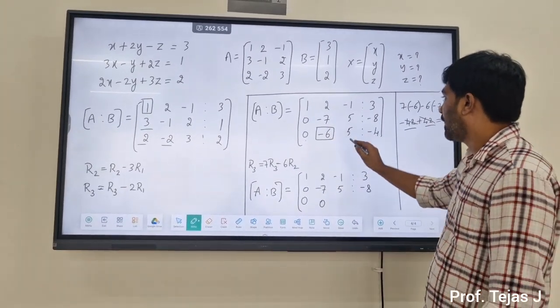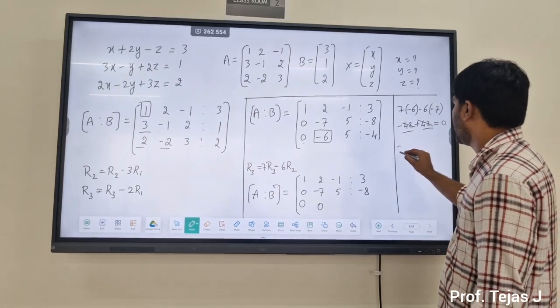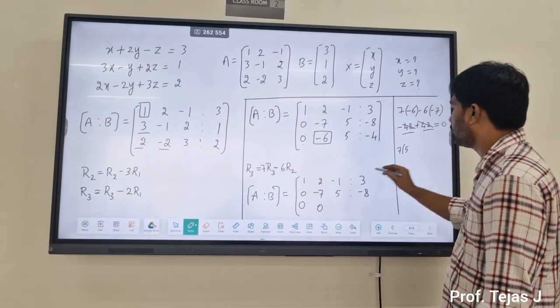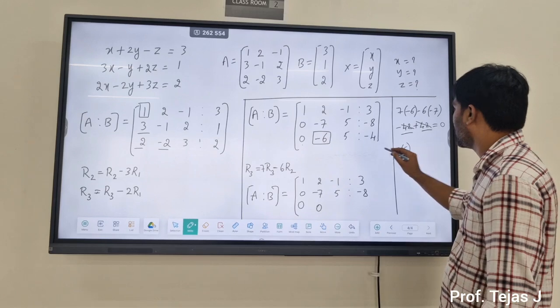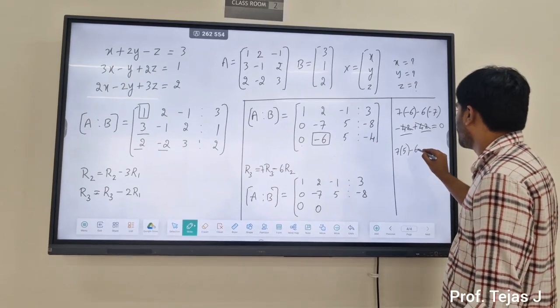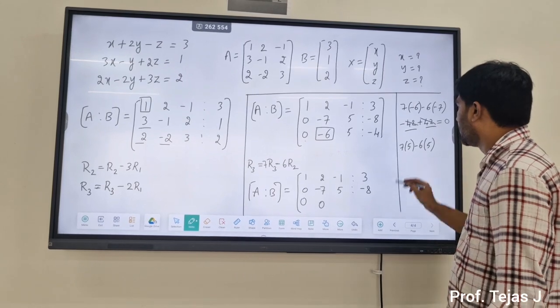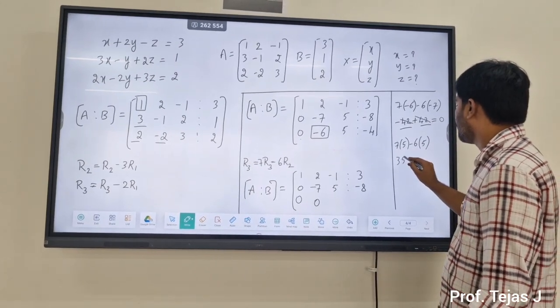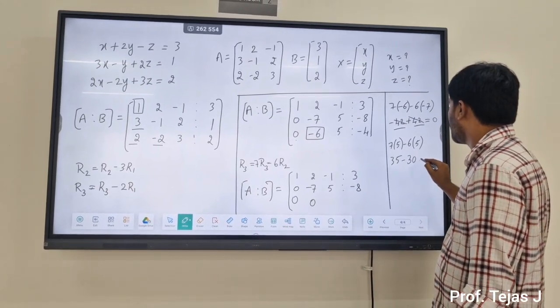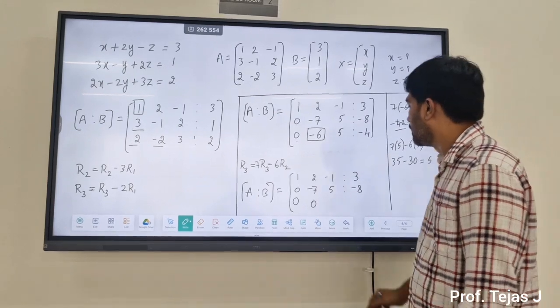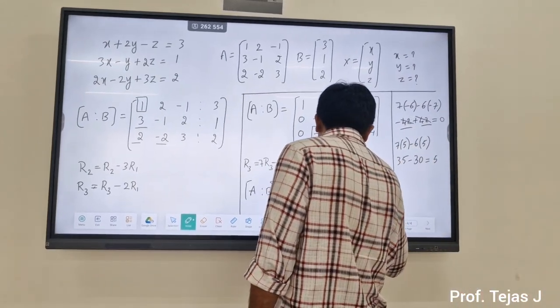Now, what about the value of this? We write here 7 into R3, which is 5, minus 6 into the value in R2, again that is 5. So 7 fives are 35 and 6 fives are 30. So the remainder is 5. So we get a value of 5 here.